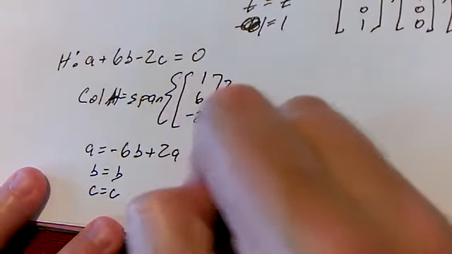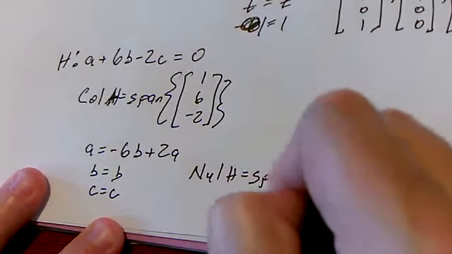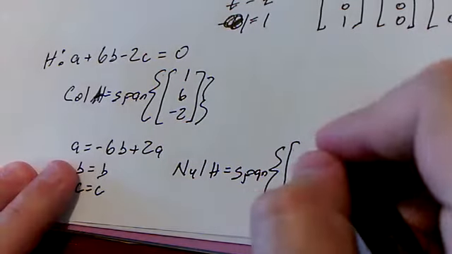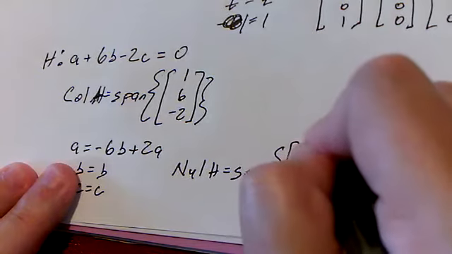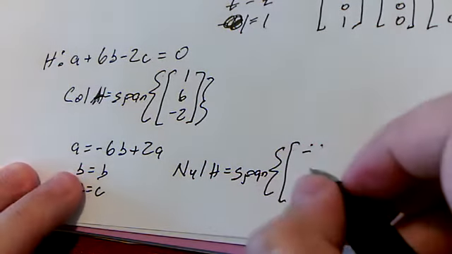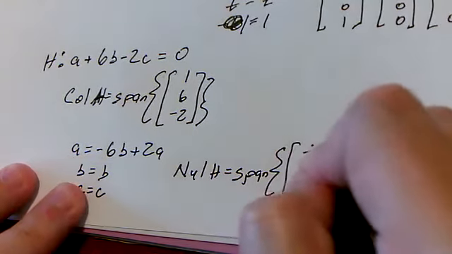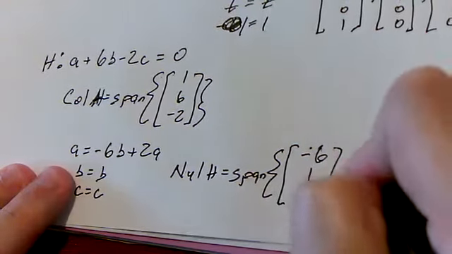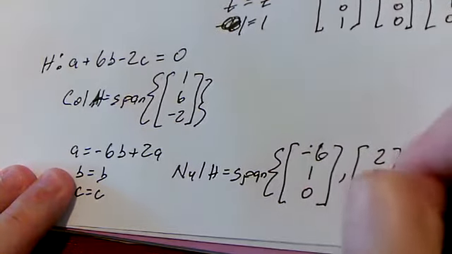So your null space of H is going to be the span of my first vector, which has negative 6 copies in the first equation, 1 copy in the second equation, and nobody in the third. In my second, I've got 2 copies in the first equation, nobody in the second equation, and 1 copy in the third.